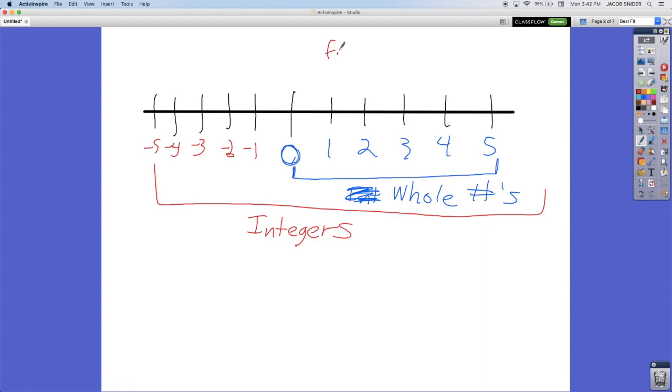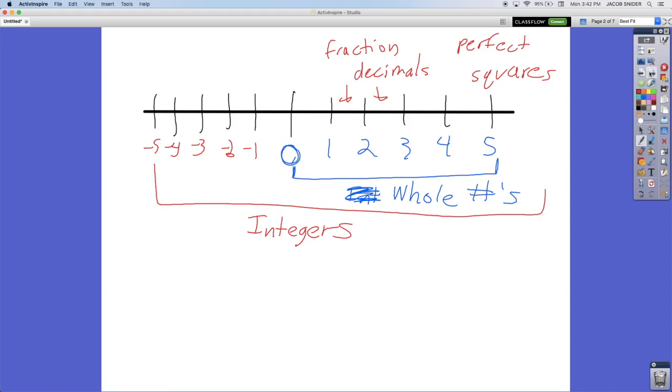Okay, we could have fractions. We could have decimals. We could have perfect squares, right? We could have all of those things, but for right now, we're going to focus on some different things, all right? So we could have all those things that go inside, and we could put them on our number line.